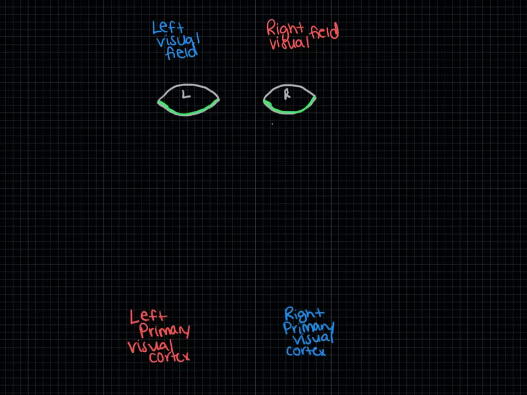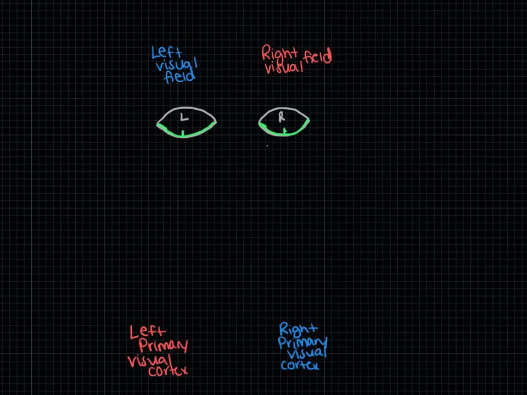Additionally, your visual fields are going to be opposite of your retinal fields. So each of your retinas can be divided into 2 separate hemiretinas. You're going to have a nasal hemiretina that's located closer to the nose, and then a temporal hemiretina.